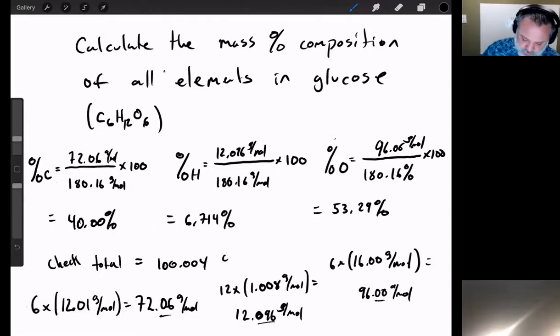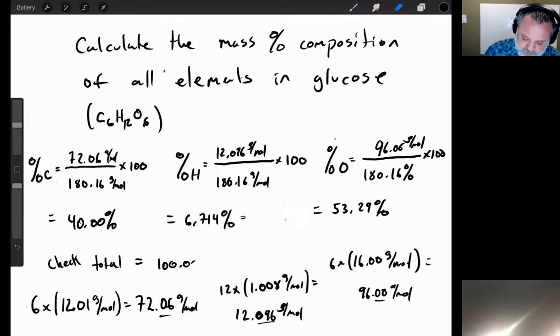Is this okay or not? Yeah, right. That's fine, right? That's totally fine. And in fact, if I were to round this to 2 decimal places, just so that I have the same number of decimal places, I'd get exactly 100 in this case for my check total.